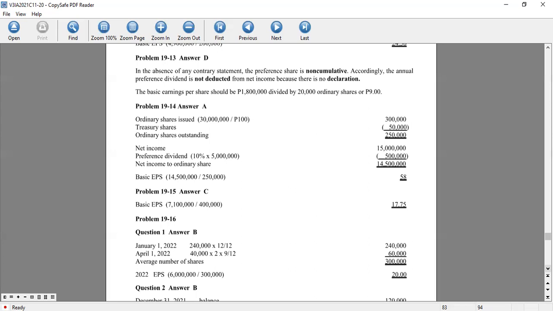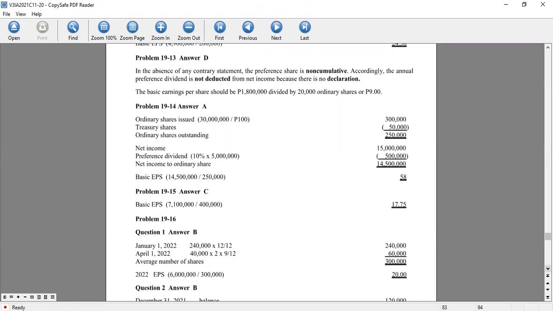Number 16, requirement number 1, what amount should be reported as basic EPS for 2022 in the comparative income statement? January 1, 2022, we have 240,000 shares. We multiply by 12 over 12.